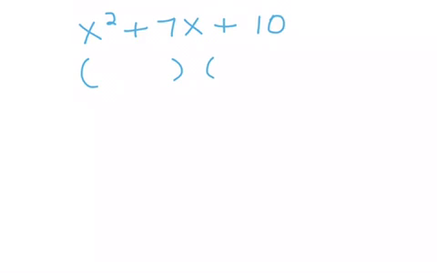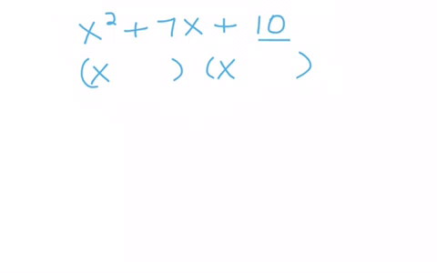All right, let me show you another one. How about if I say x squared plus 7x plus 10. I'm going to make two parentheses, and it's all plus. So I say what times what equals x squared, and again it's x times x.